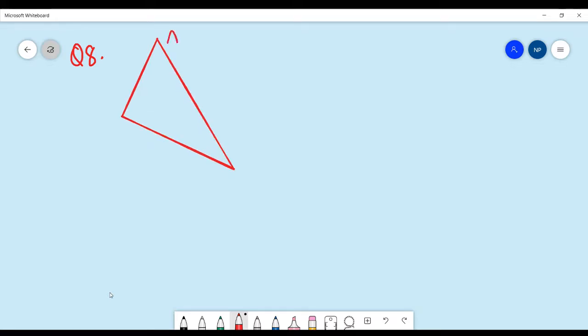We have A, B, and C. Then from here we have this particular line E, this is O, this is D, and this is F, right? So firstly we're going to write what is given.